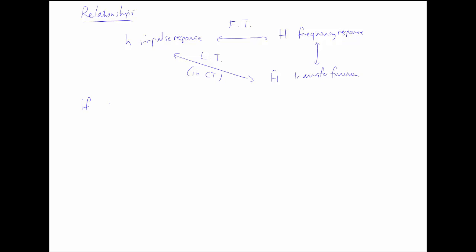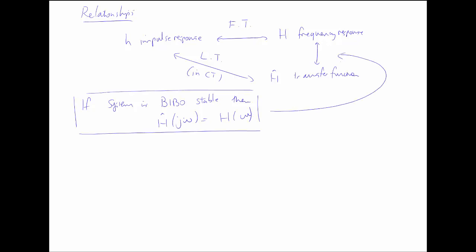If the system, always an LTI system, is BIBO stable, then the transfer function at j omega is equal to the frequency response at omega. That gives me this last connection, and that's how the three representations of our system relate.